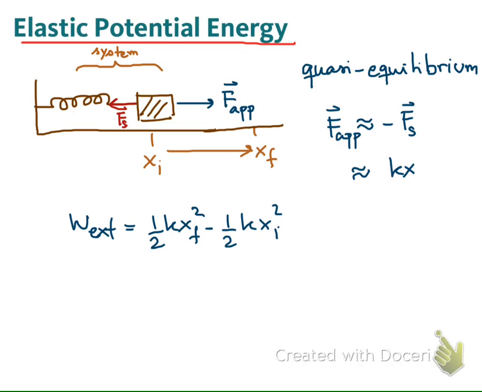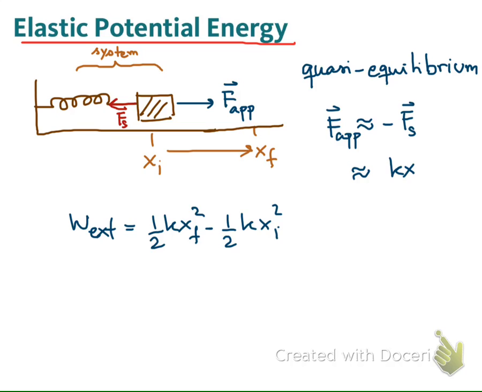Now we move the object from the initial point, and we assume that the object is at rest at the initial point. We move it very slowly to the final point, and at the end the object is at rest at the final point.